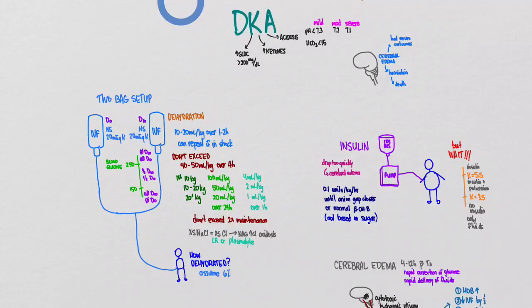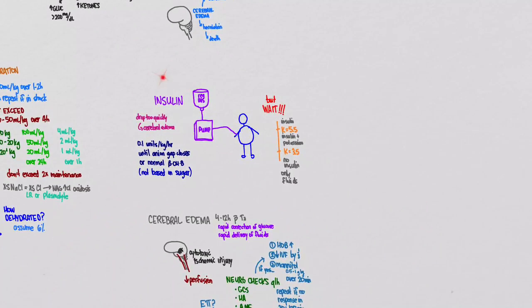The next thing that we may want to consider is insulin, but before insulin we have to check the potassium, because if the potassium is low, we can't start the insulin until we've improved the potassium some. And if we are able to give them insulin, we're going to give regular insulin in a pump, 0.1 units per kg per hour, until the gap closes.